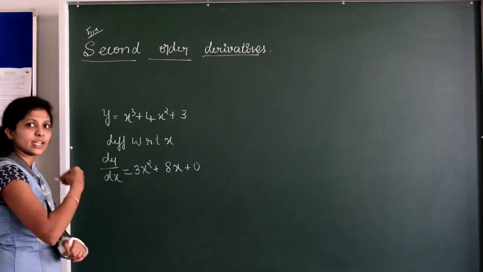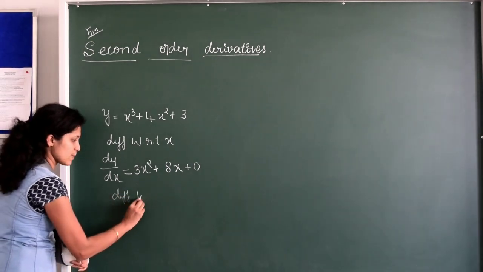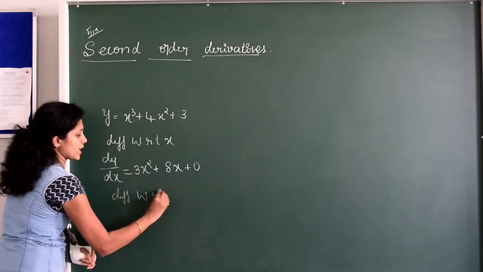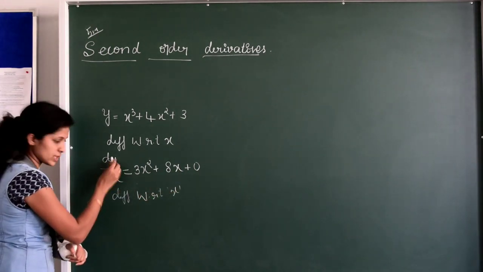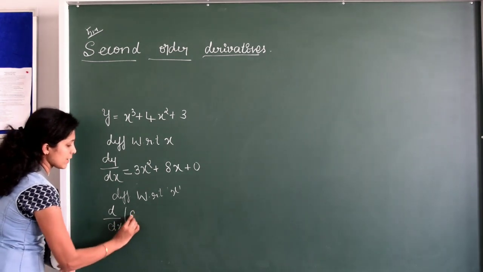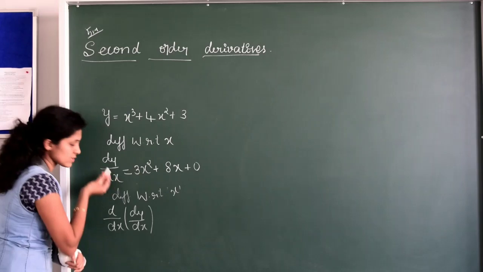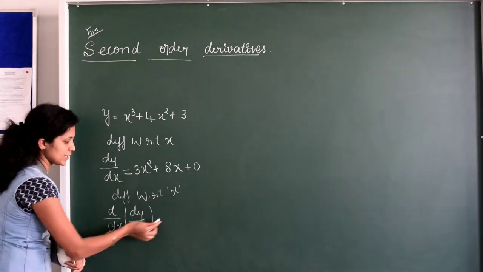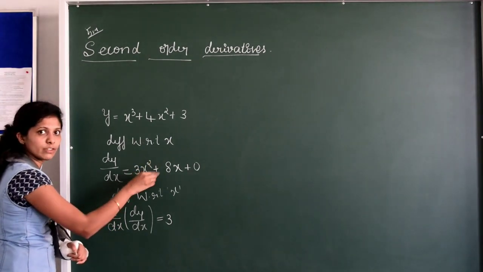If I differentiate the function again, here I differentiate the function with respect to x itself. You can't go with another variable. You have to differentiate with respect to x. So derivative of this one, that is dy by dx of dy by dx. Is it clear? We are differentiating the function with respect to x, that is dy by dx of dy by dx is equal to 3 into derivative of x square, which is 2x.